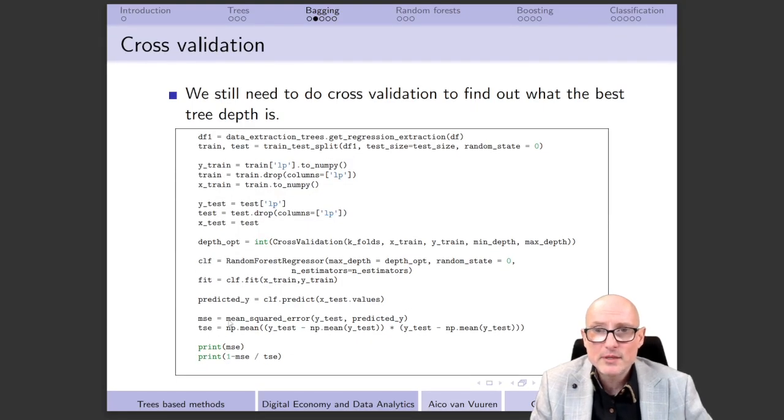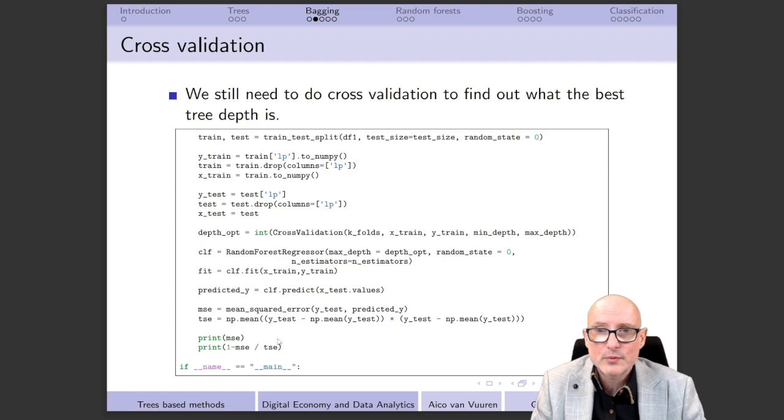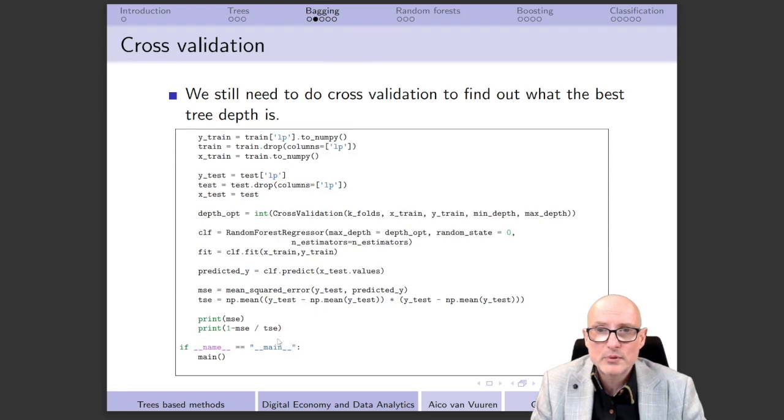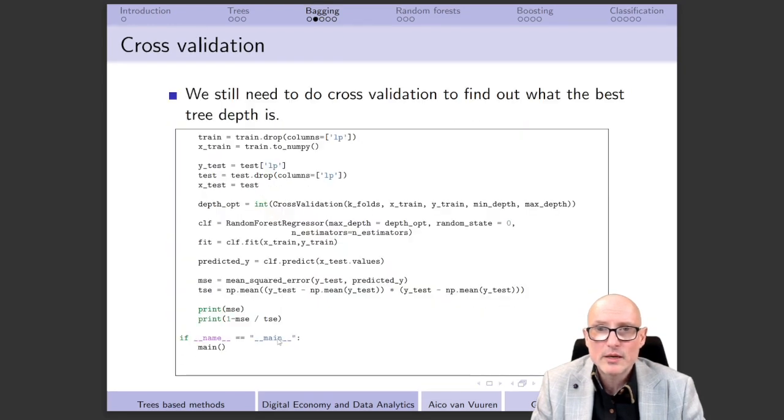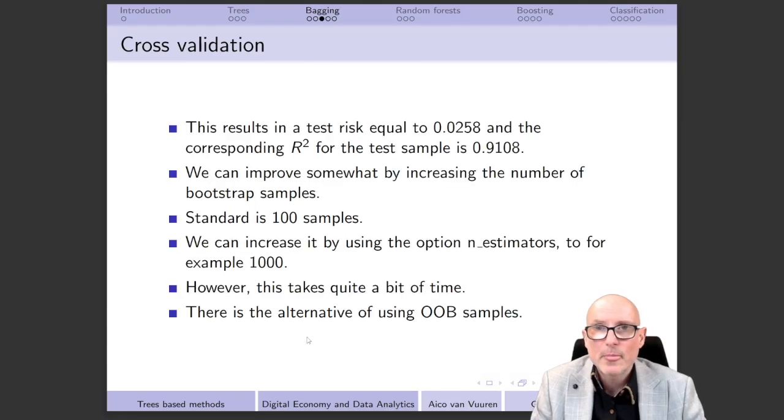And based on this, we can again calculate the MSE as well as the R squared among the test sample, and we're going to print that out over here in these final lines with respect to the procedure main, and then also we need these final lines that we have over here.